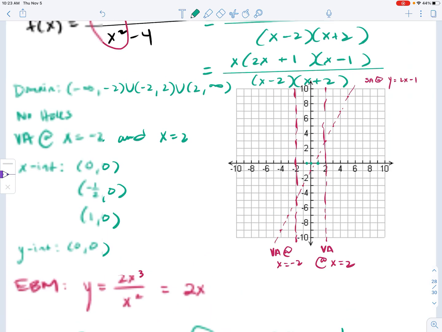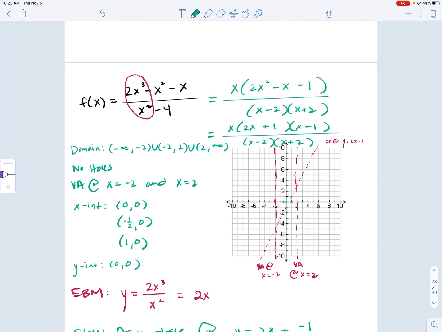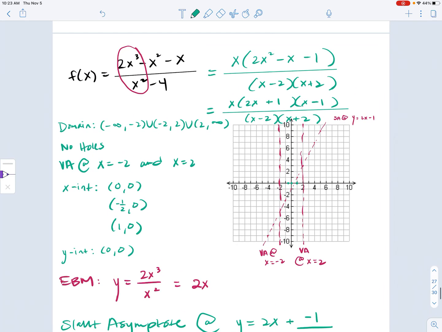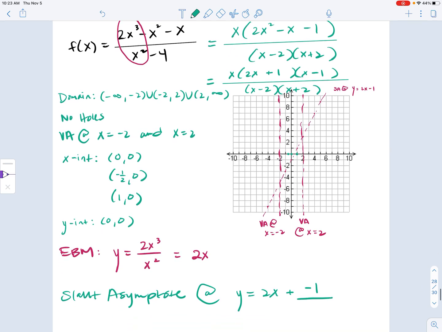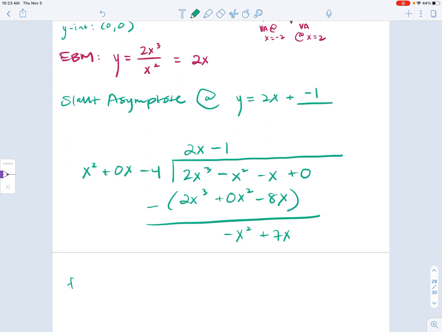So I'm going to plug negative 1 into the function to try and determine what's happening as x approaches negative 2 from the right side.